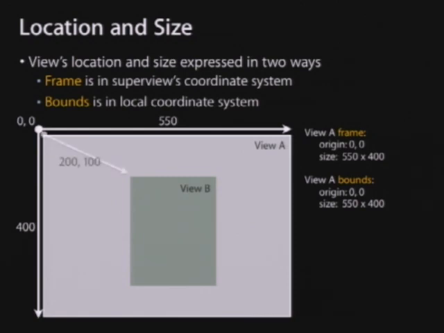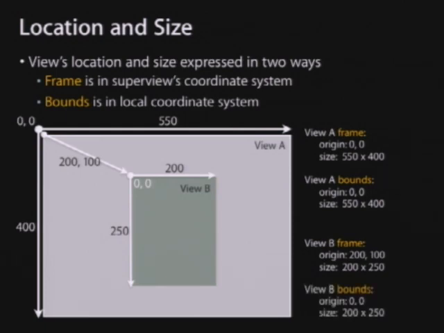Okay, so frame and bounds makes a little more sense here. View B has a frame that's offset by 200 to the right, 100 down, and a width and height of 200 and 250. But it has a bounds of 0, 0 with respect to itself. So let's look at that again.